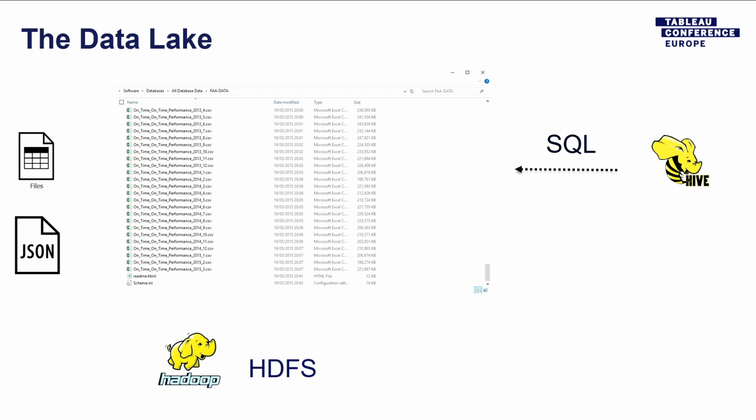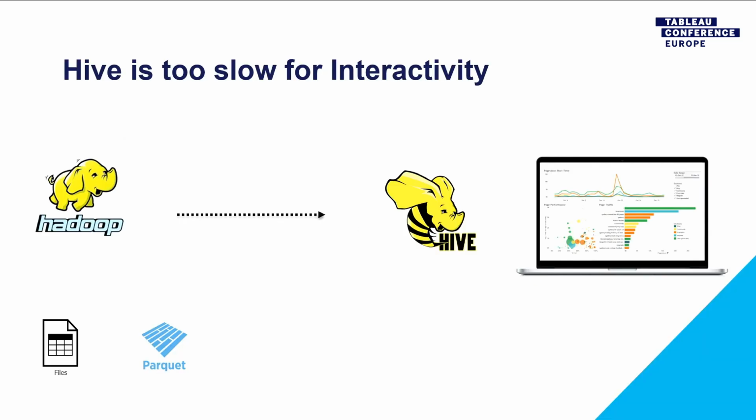What is the data lake essentially? In this case, we are looking at CSV files that are stored somewhere, right? In Hadoop or S3, so it's redundant. We make sure that we don't lose the data, but it's not that easy to analyze and consume. So you could use Hive, but as we've seen before, the performance is not good enough.